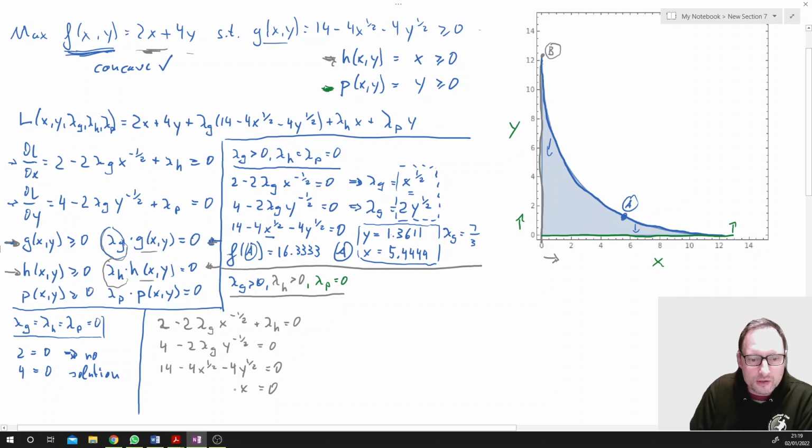Now, once you plug x equal to 0 into the second constraint, it follows that 14 minus 4 times 0, so that falls away, minus 4y to the half has to be equal to 0.